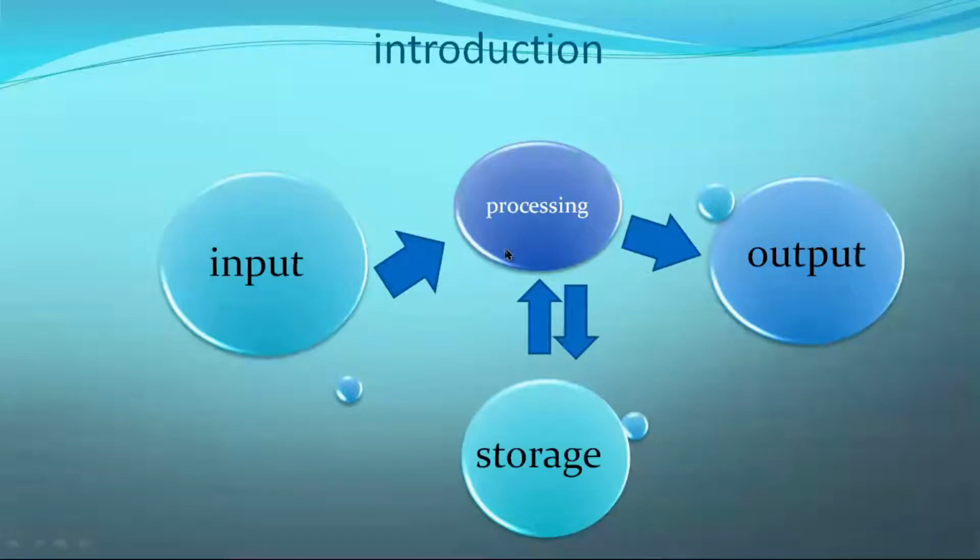So when we are looking at the input devices, processing devices, output devices, and storage devices, we are looking at the hardware of the computer in relation to what the computer actually does, because the computer can't do what it's doing without the hardware devices. The storage comes in after the computer has processed and has decided to store this information for future reference. That will be that for the introductory part.